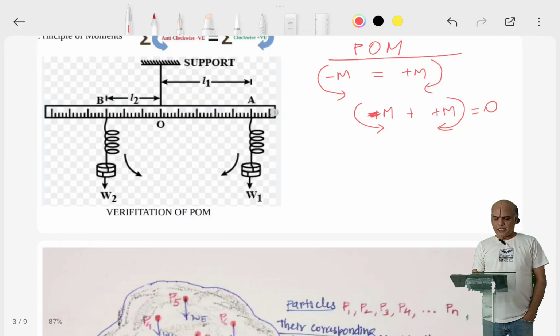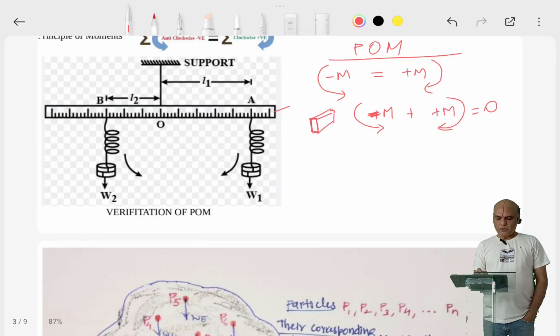Consider a meter scale. Why are we considering a meter scale? Because it has a uniform cross section and its density, like the mass per unit centimeter cube, would be the same all along the length. So it attains equilibrium when you consider such a scale.